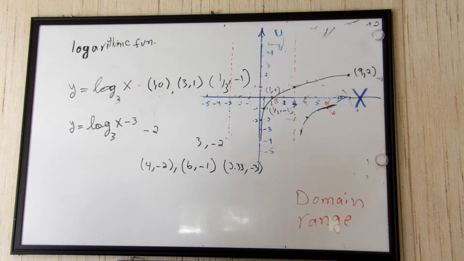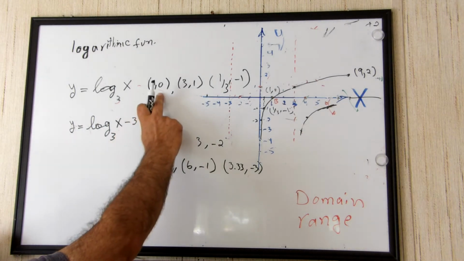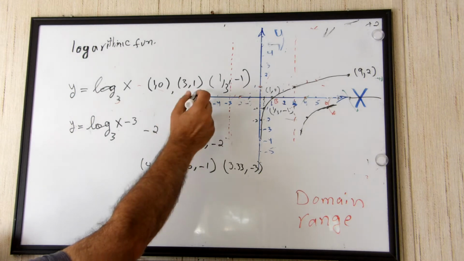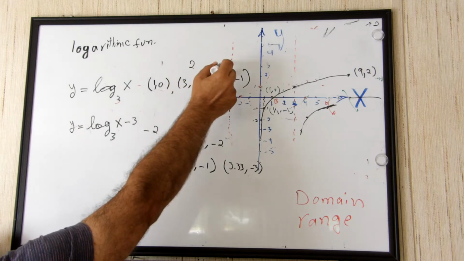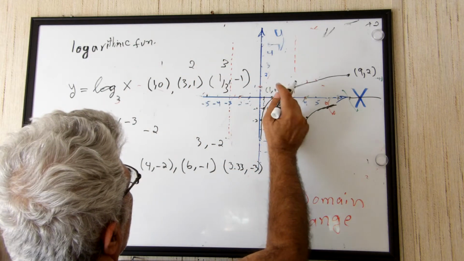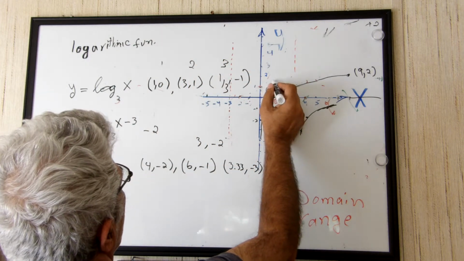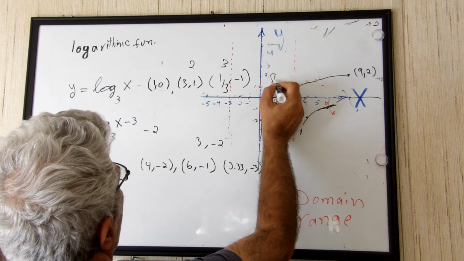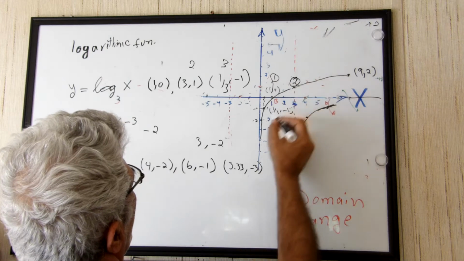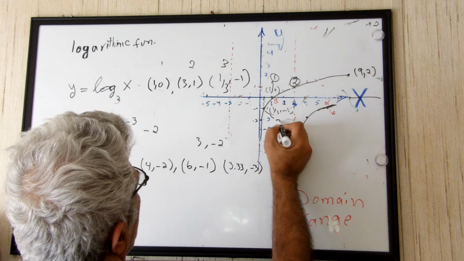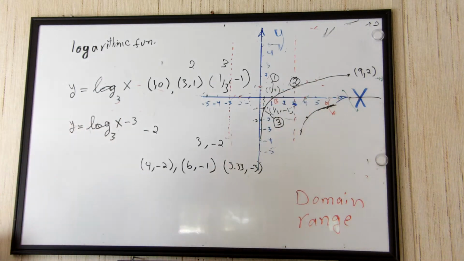So what is it saying? These are the 3 points: point 1, point 2, point 3 here. This is point 1, this is point 2, (3, 1), and this is point 3. See, we graph that one.